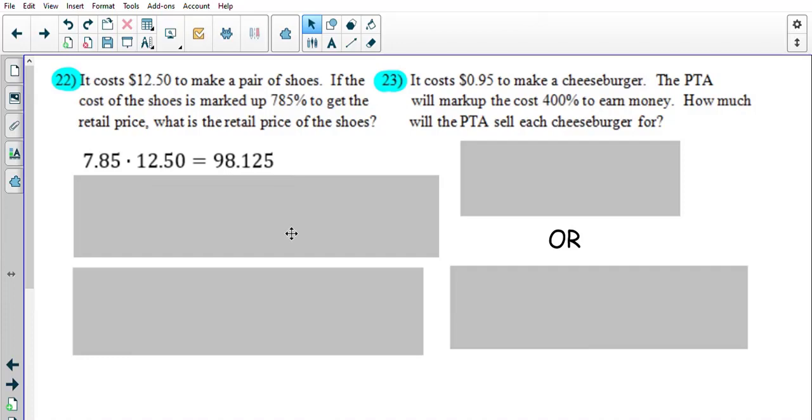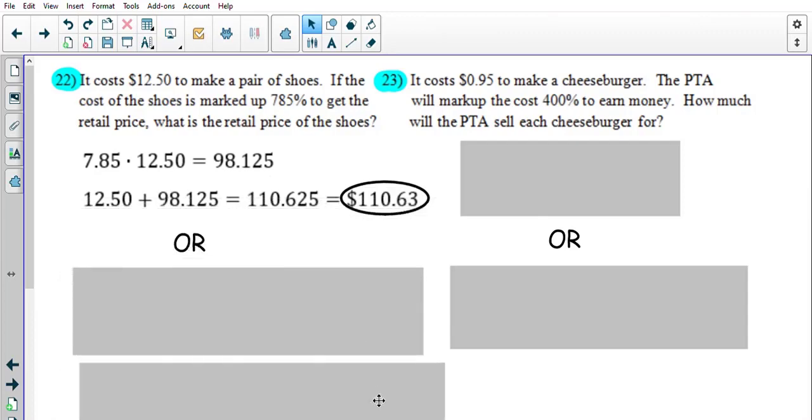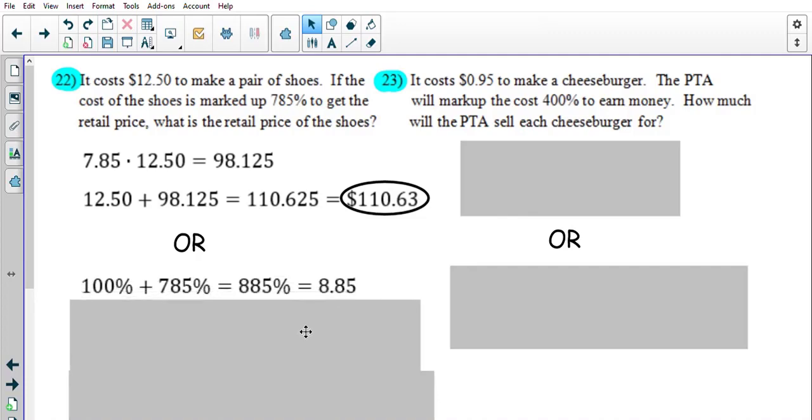Now that is not the price after the markup. That's how much they're marking up the price. You still have to add $12.50 and the 98.125 to get $110.625, or $110.63. Now the other option, since it's being marked up, you can do 100% plus 785% to get 885%, or 8.85.